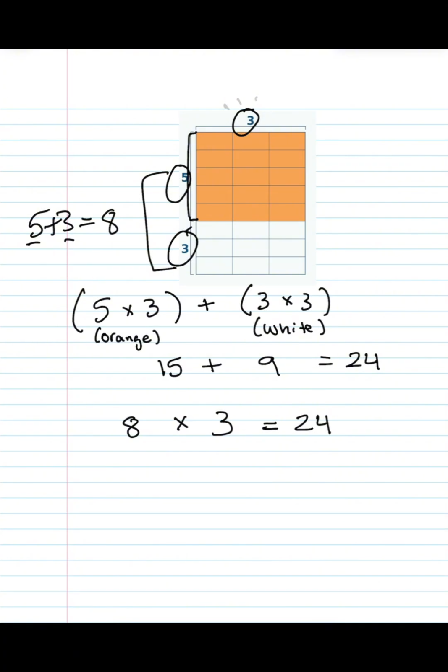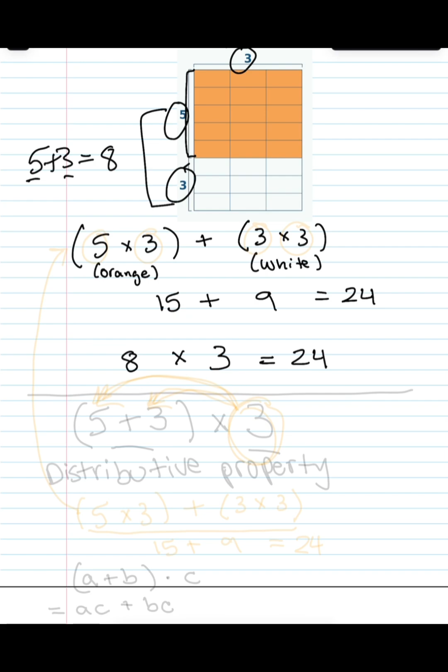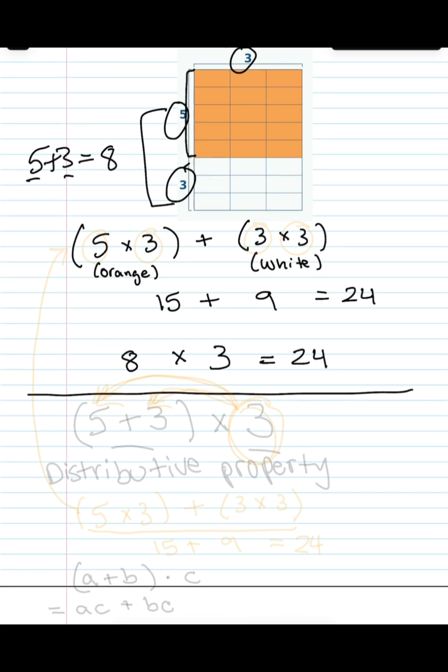It's just sometimes if the number is really big, you can't do the multiplication off the top of your head. You can decompose the total area into 2 smaller areas and then add them. So when you look at the operation we've done here, we've actually done 5 plus 3 multiplied by 3.